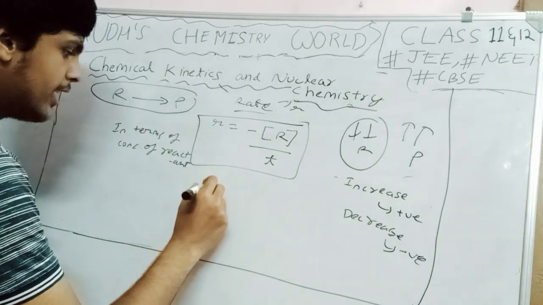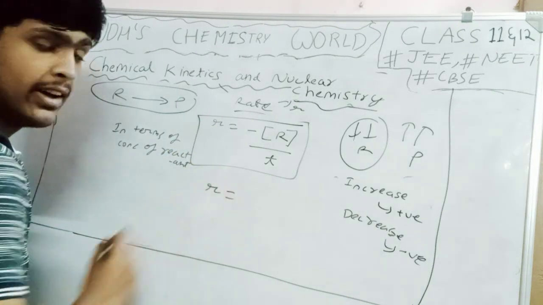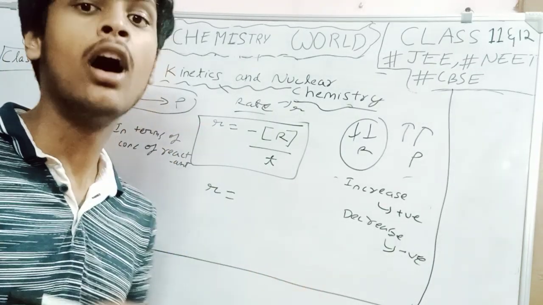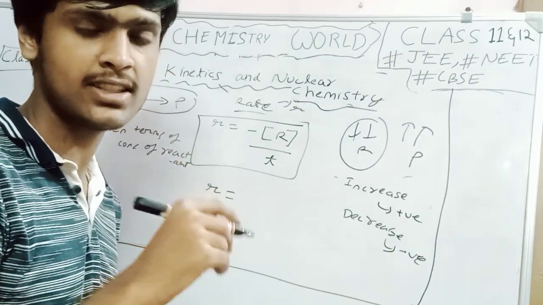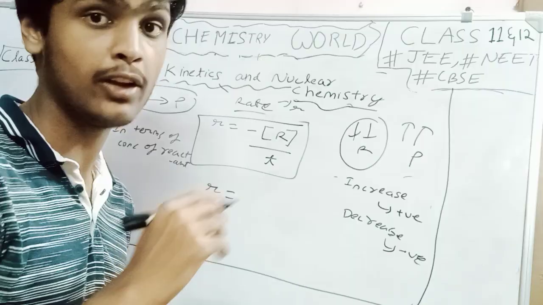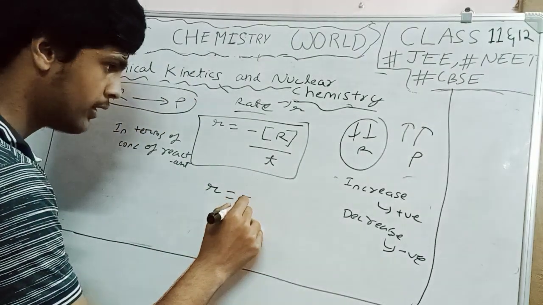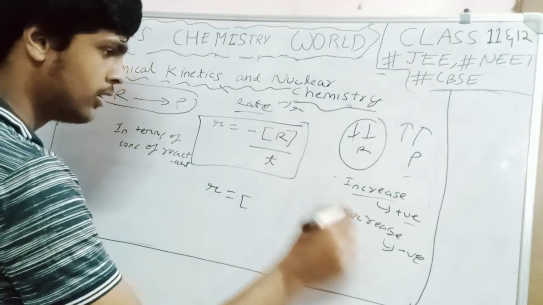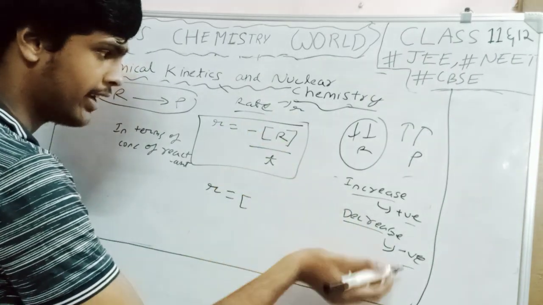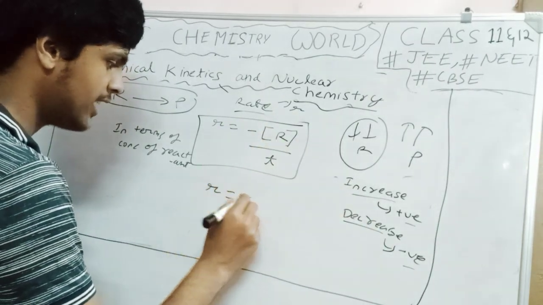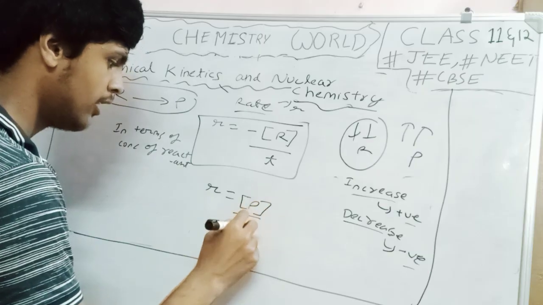Now we'll write the rate of reaction in terms of products. That is, rate of reaction is defined as the formation of products per unit time. Since increase is positive and decrease is negative, for reactants we keep negative, and rate of reaction is equal to the concentration of products per unit time.